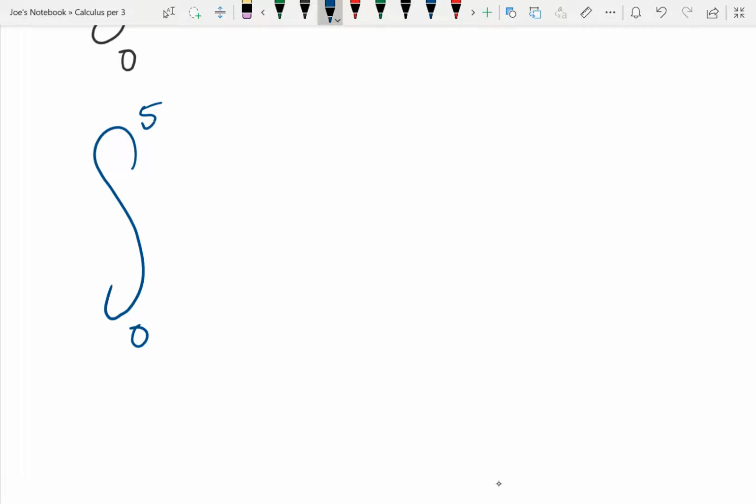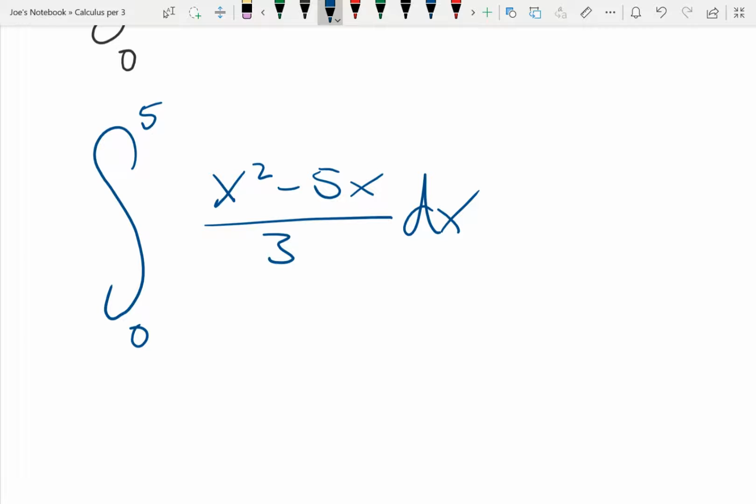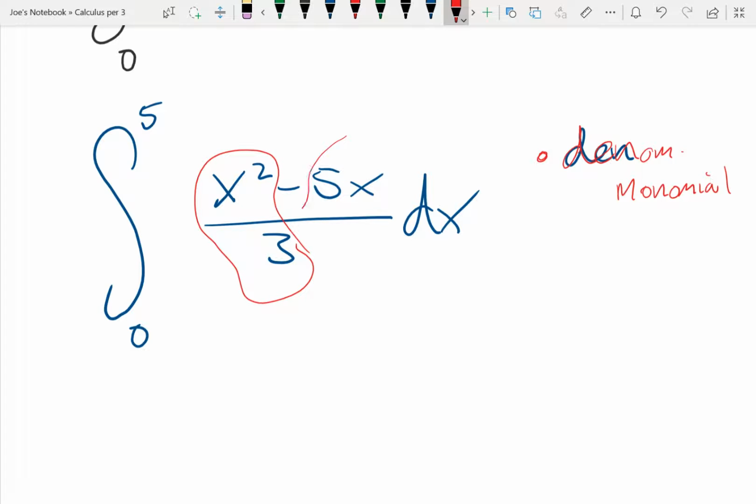So for now, the only type of fraction you can really deal with is something like this. And this is the type where the denominator is a monomial. Why is that important? Because when the denominator is a monomial, you can break it up.